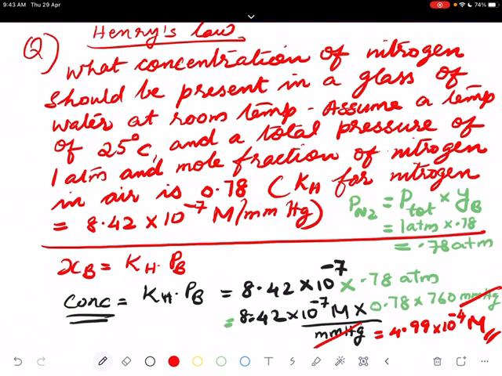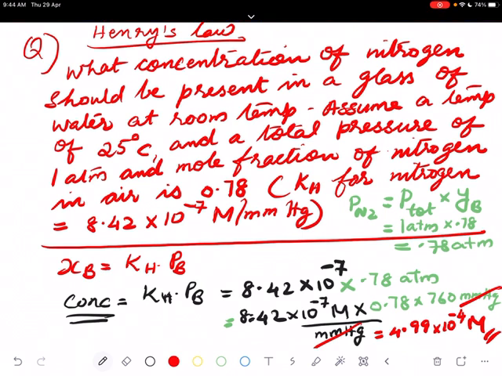So what concentration of nitrogen should be present in a glass of water at room temperature? It means air is pressing on the top of that glass of water. In that air, the total pressure is 1 atm. Of that 1 atm, 0.78 atm is the partial pressure of nitrogen in that air. So according to that pressure, nitrogen gas will be soluble.